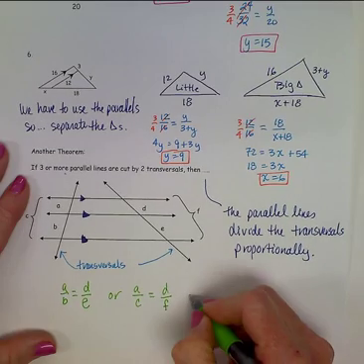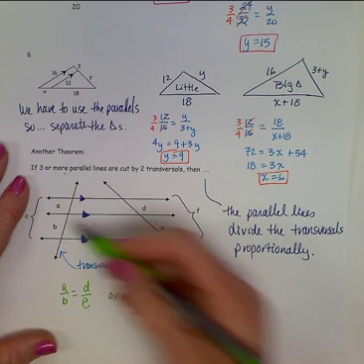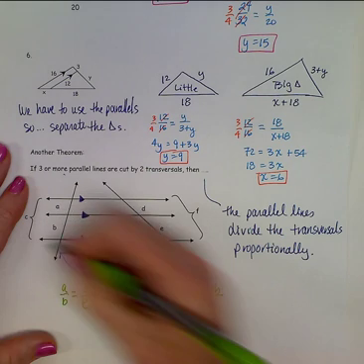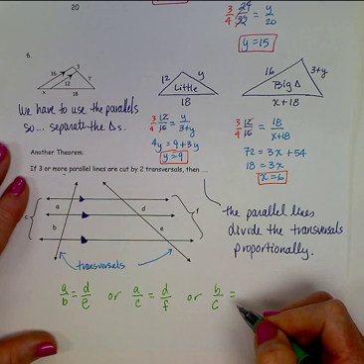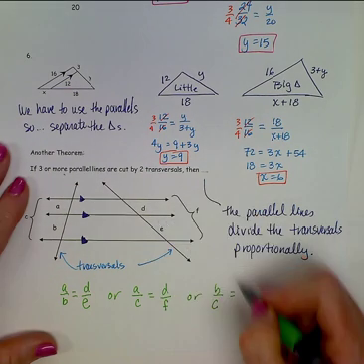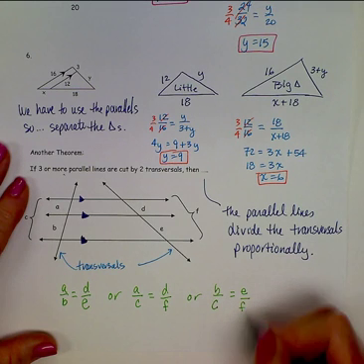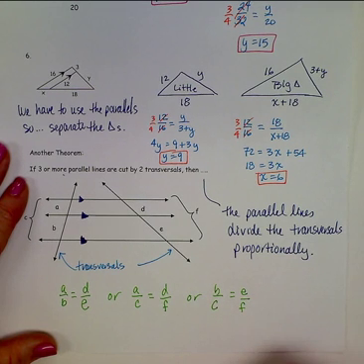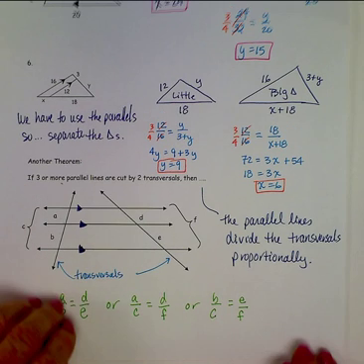One more, bottom piece B to the whole thing C, and on the right side, bottom piece E to the whole thing F. Very similar to the side splitter with the triangles.